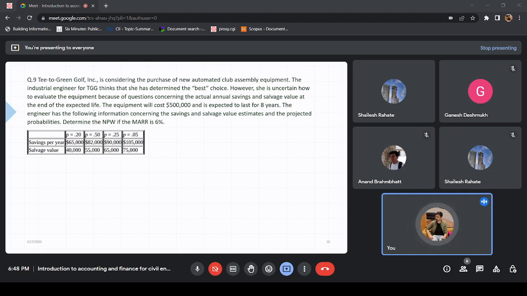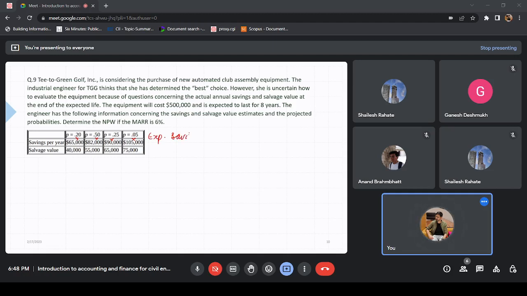So what we find out here is that let's calculate expected savings per year. So it would simply be multiplying these two values and adding them, right? Okay, let me write it.